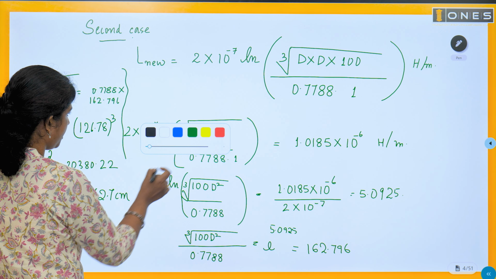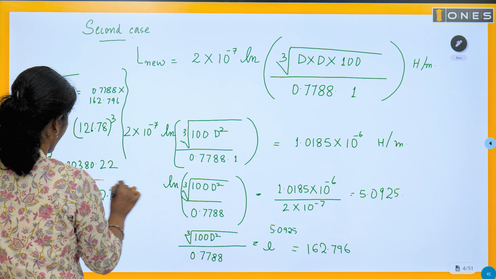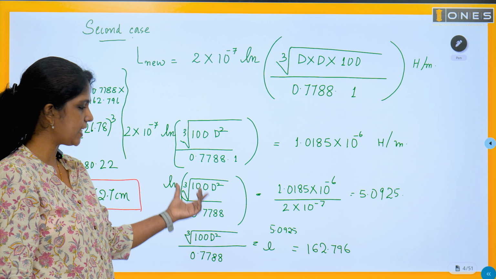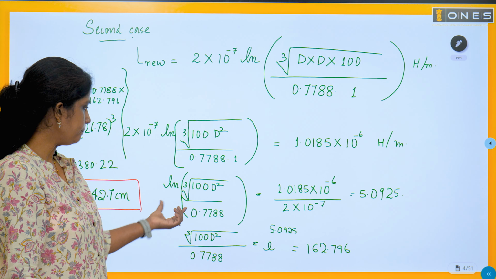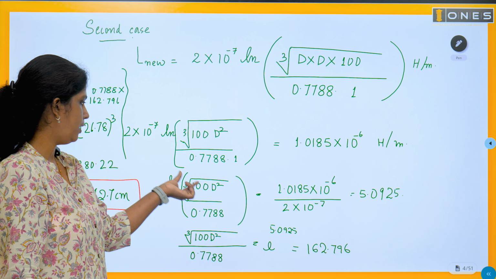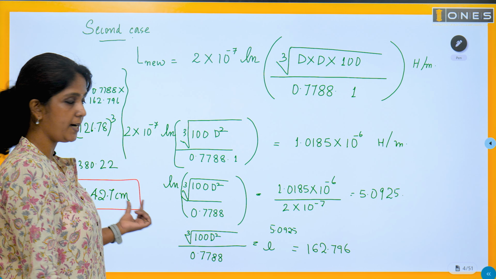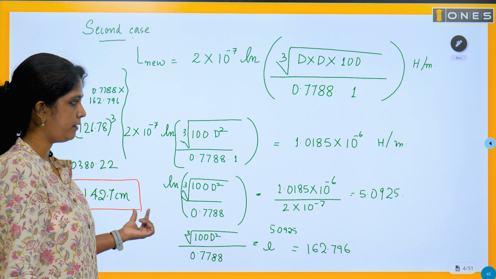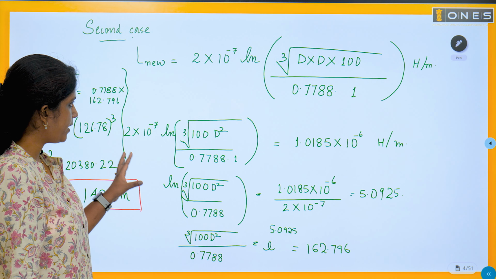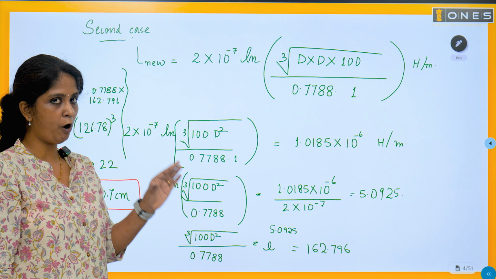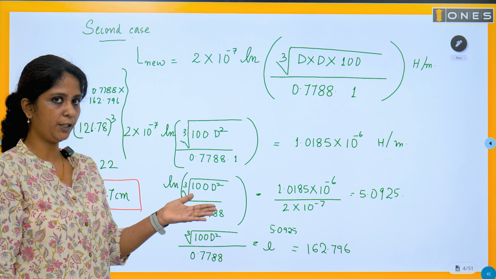So this is your answer, 142.7 centimeters. Since we converted all distances to centimeters, the answer of D will also be in centimeters.